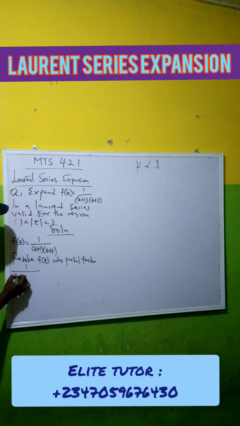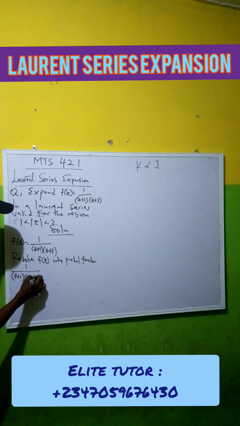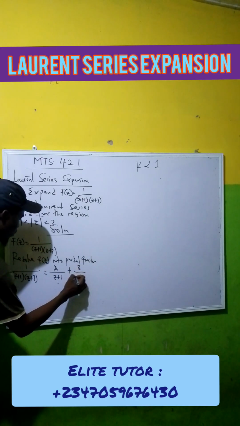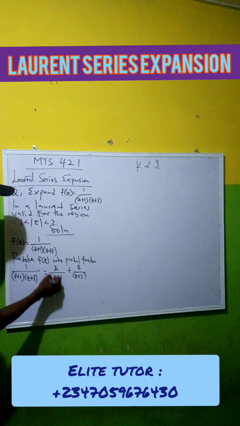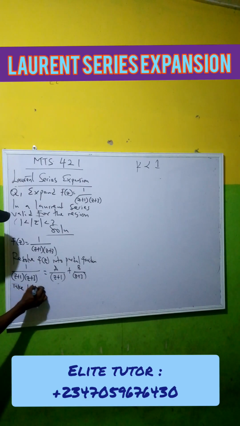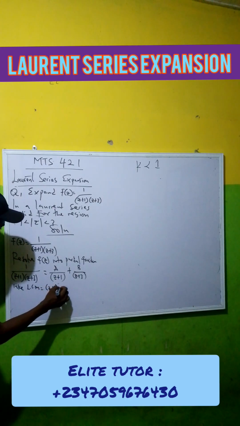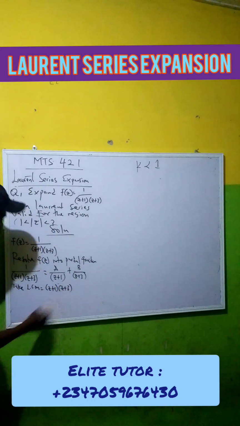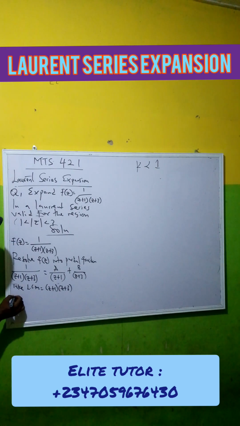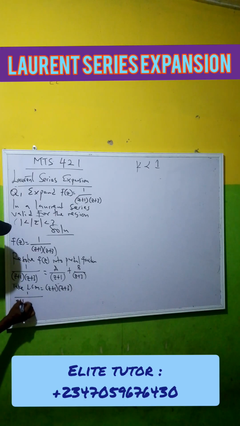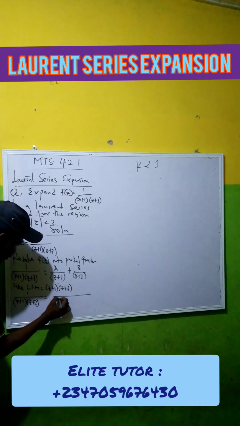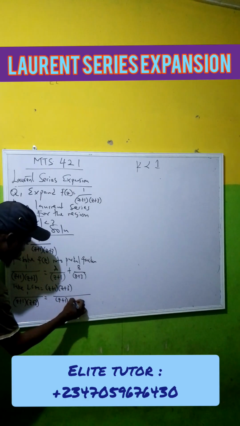We have 1 over (z plus 1)(z plus 3) equals a over z plus 1 plus b over z plus 3. No stress. Now we take our LCM, which is (z plus 1)(z plus 3). So 1 over (z plus 1)(z plus 3) equals the same thing over (z plus 1)(z plus 3).